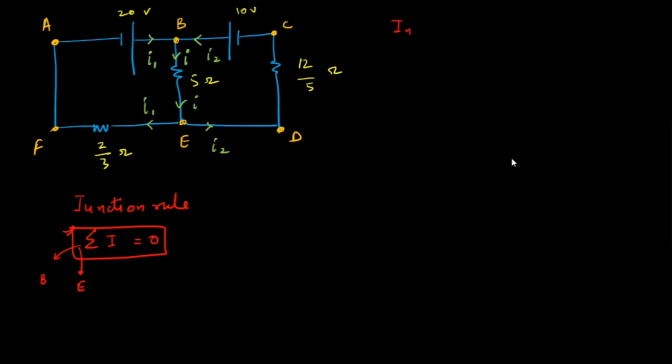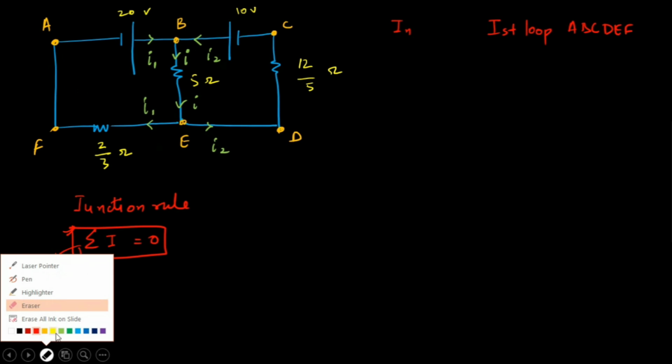A, B, C, D, E, F. All right. So the first loop we'll have here is, as per you, A, B, C, D, E, F. What about the others? We need at least three loops to find three equations, then only can we have this solved.